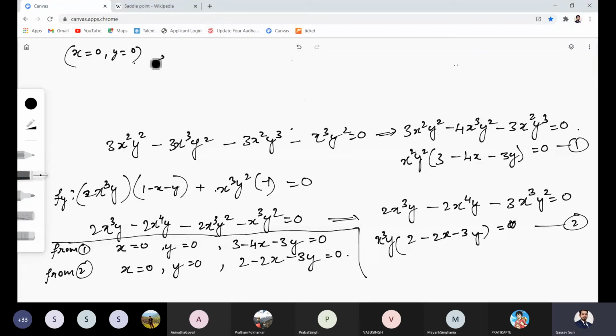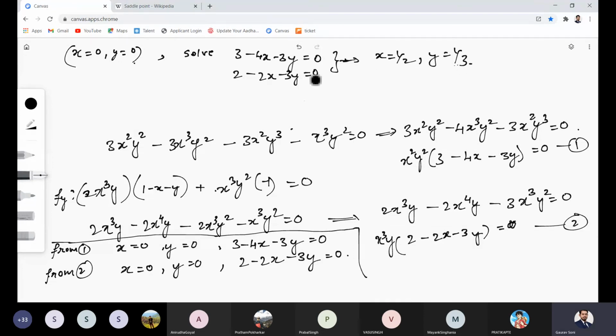And the other one, we will solve these two linear equations: 3 minus 4x minus 3y equal to 0 and 2 minus 2x minus 3y equal to 0. Solving this, we get x is equal to 1 by 2, y equal to 1 by 3.